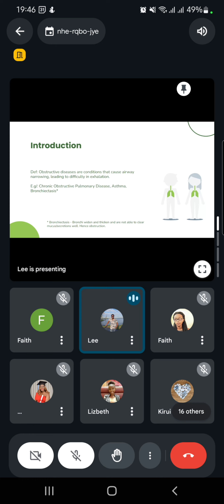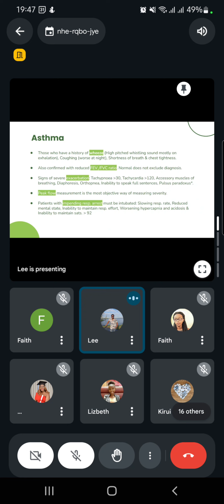But the specific management of that would be a bit different, as they could still be put on mechanical ventilation when they meet the criteria for intubation. So by definition, these are conditions that cause airway narrowing, leading to difficulty in exhalation, like I've mentioned.